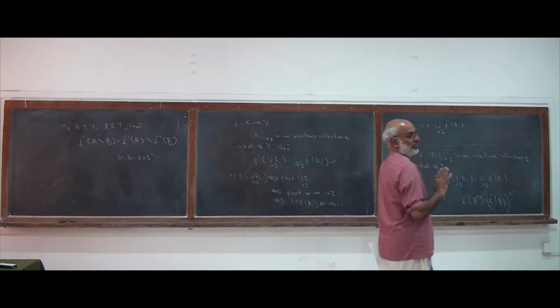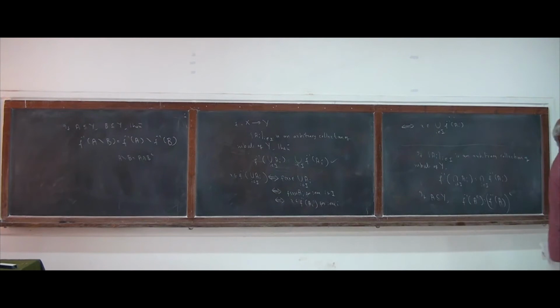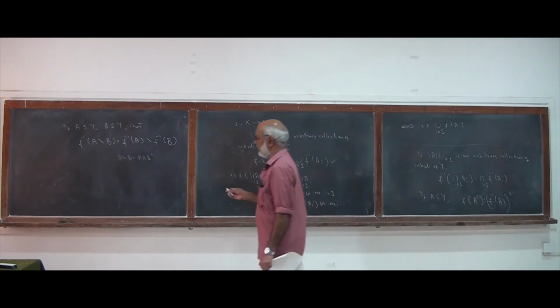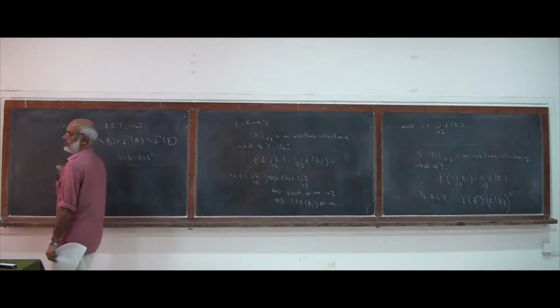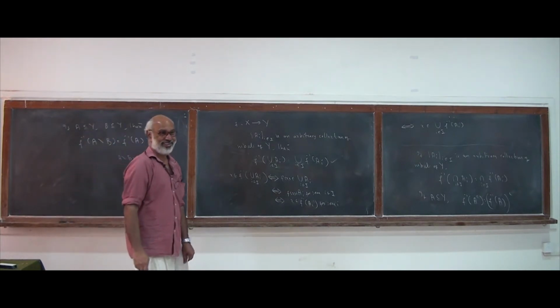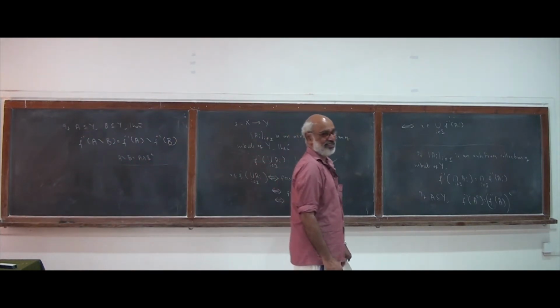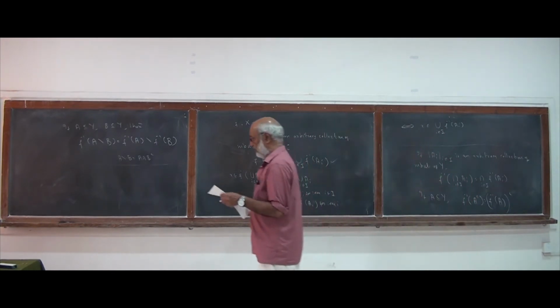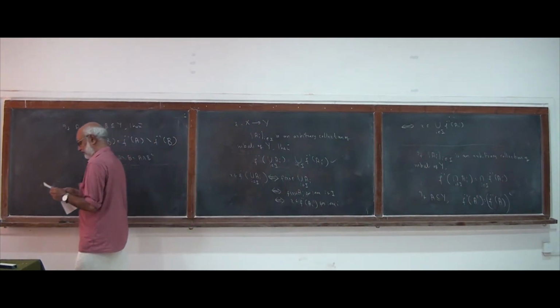So the inverse image operation preserves all these operations. Whereas the image of a union is the union of the images, but the image of an intersection need not be the intersection of the images. So you have to be careful about it.